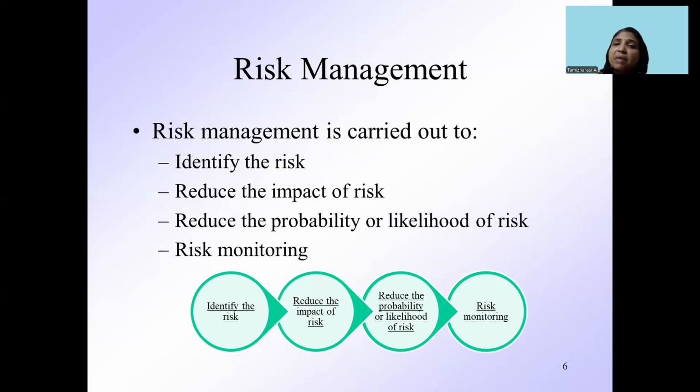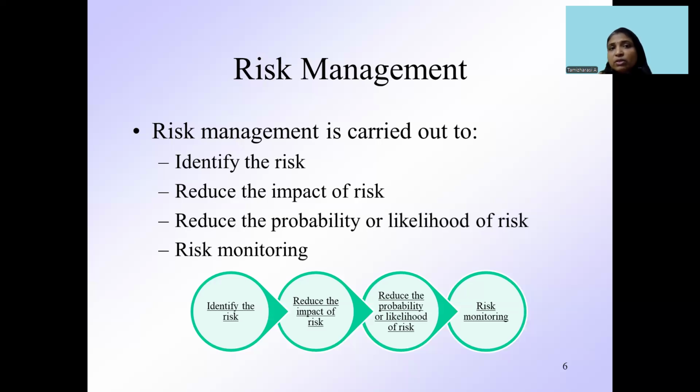How can we manage the risks that occur during software development? The first step is to identify the risk. Then you have to identify the probability of occurrence of the risk, and if it occurs, what would be the impact. Then you have to go for monitoring.